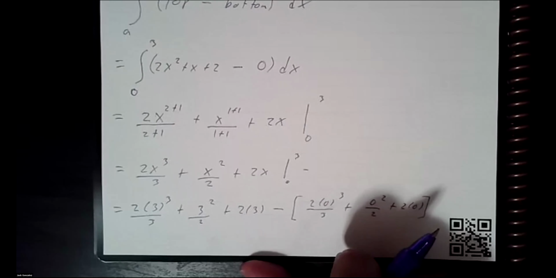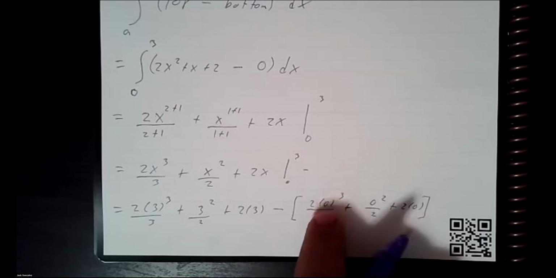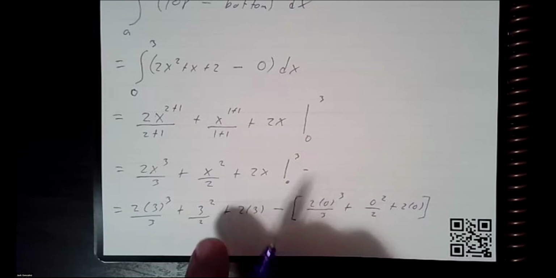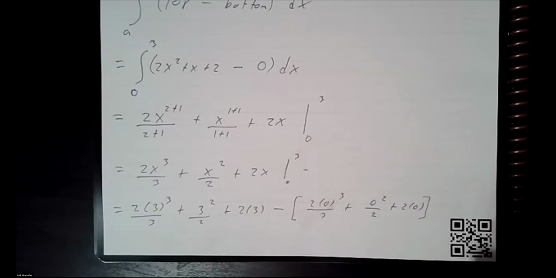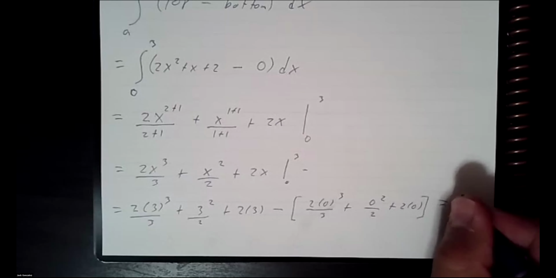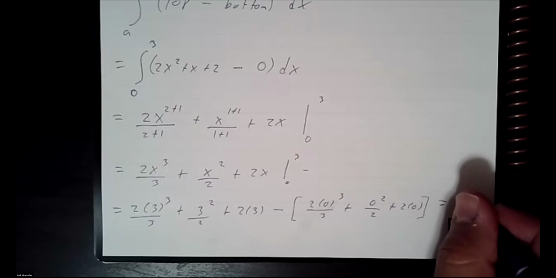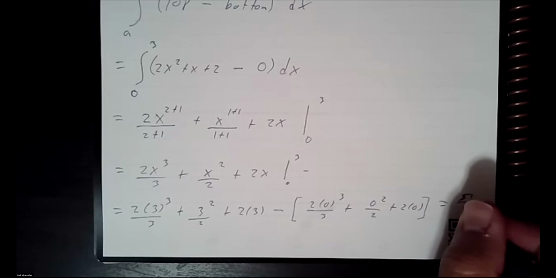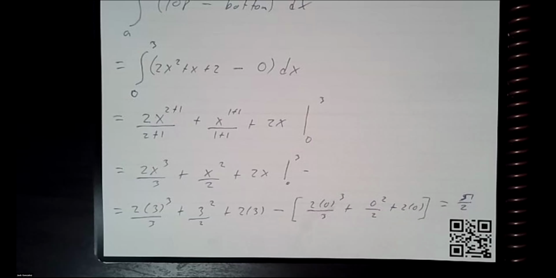Right, out of space. This will go to 0. Add these guys up, and you'll get 57 over 2. So let's graph this on Desmos.